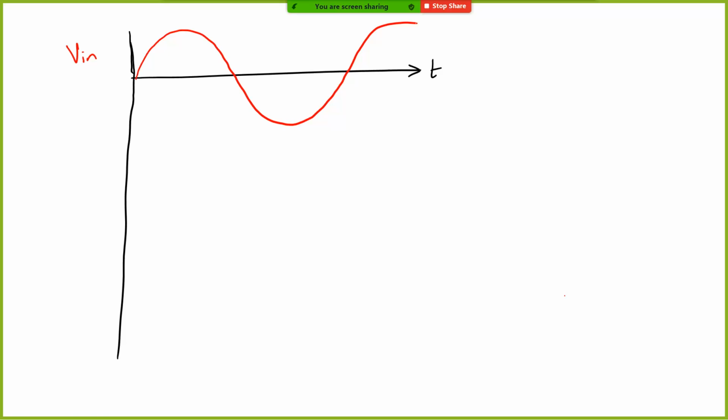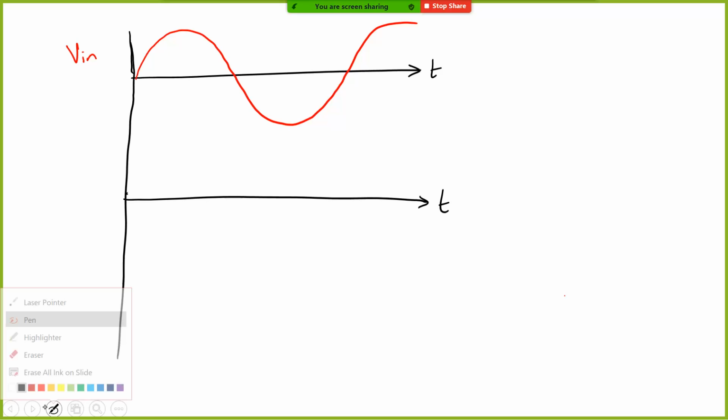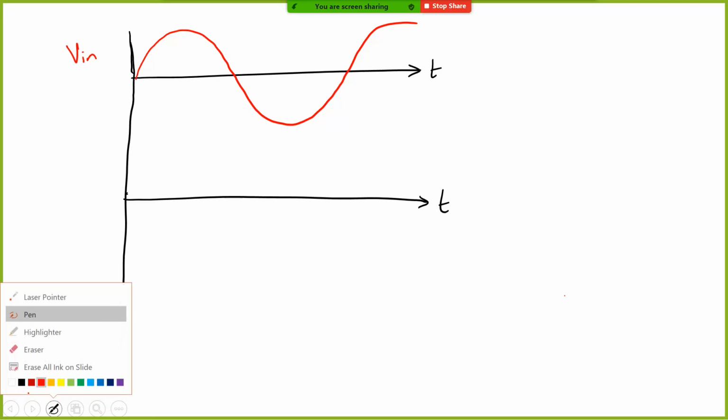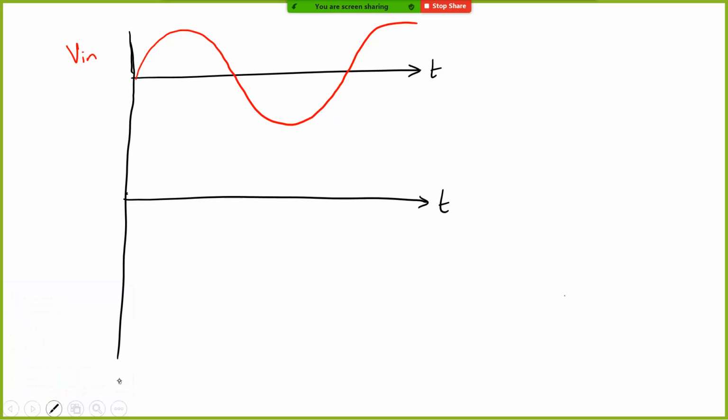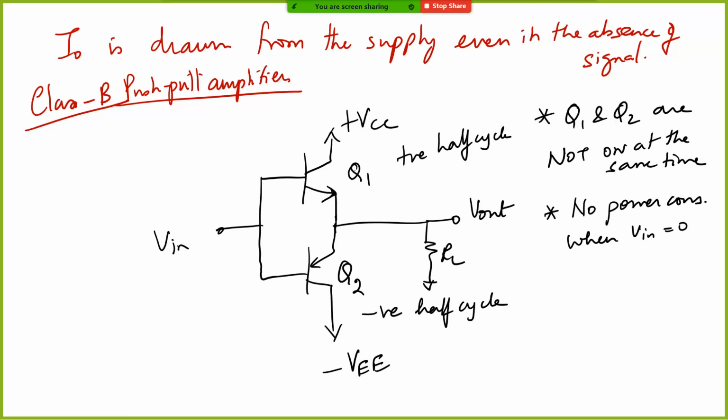Let's stop with this, and let us look at the output. Many of you might come back and say the output, till the input crosses this VBE, which is nominally, let's say, around 0.7, this transistor Q1 is not going to conduct and Q2 is also off.